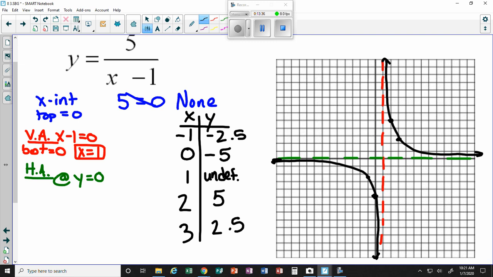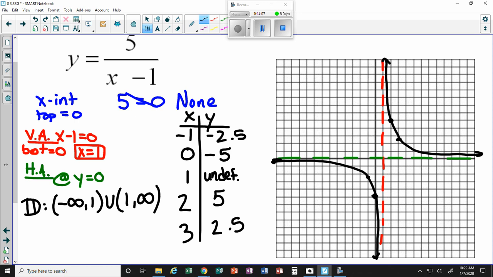Now, it didn't ask us, but what would the domain and range be? What do I do to find my domain? Domain is going to be everything but the vertical asymptote, from -infinity to 1 in union with 1 to infinity. Now my range goes down to -infinity, comes up and gets really close to, but never touches 0.